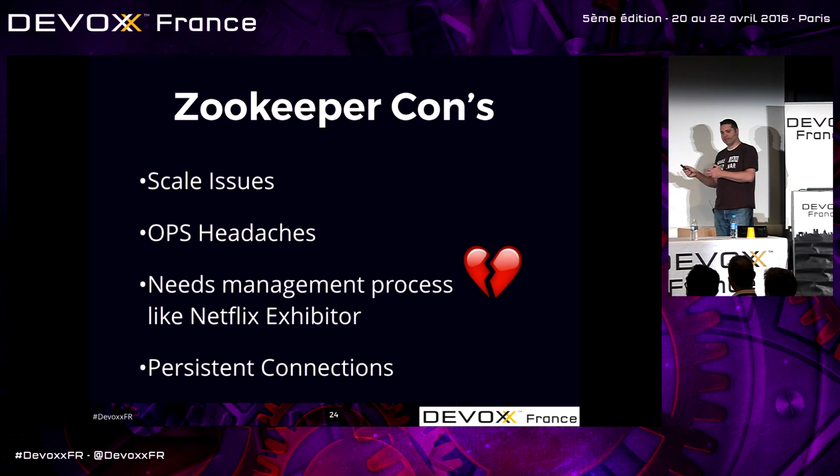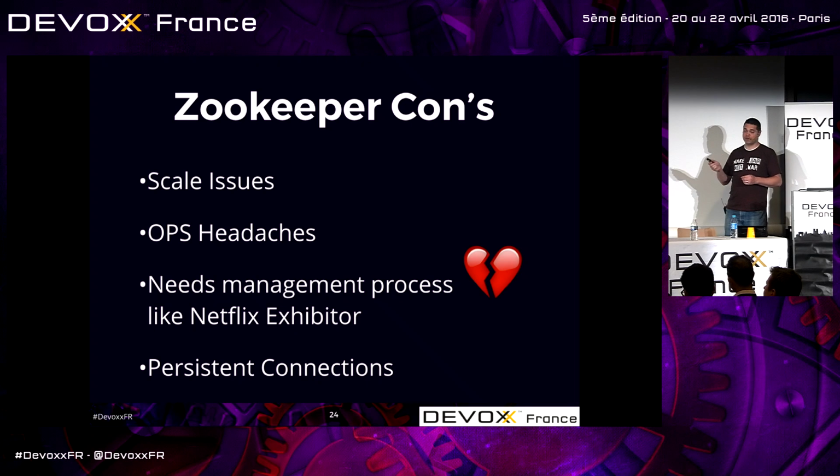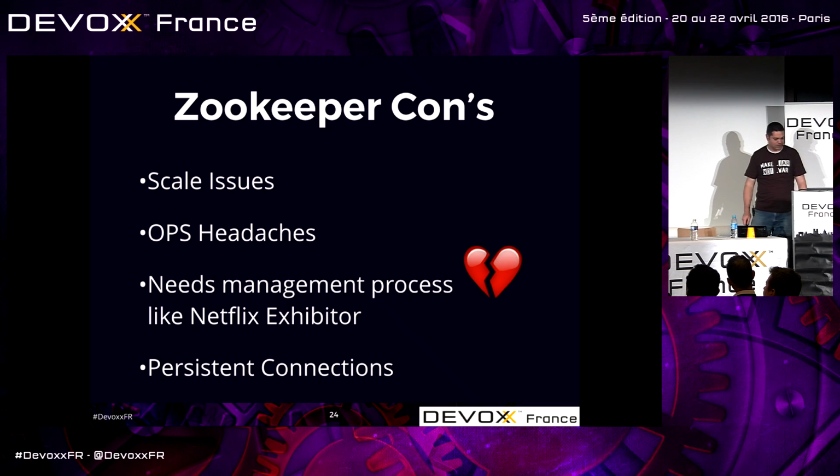That same pro of a persistent connection could also be a con, right? Because every instance that's using Zookeeper for service discovery, not for configuration, has to have a persistent connection to Zookeeper. So if that number gets sufficiently high, you could have issues as well.